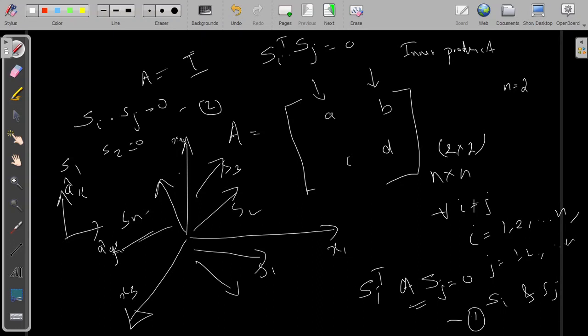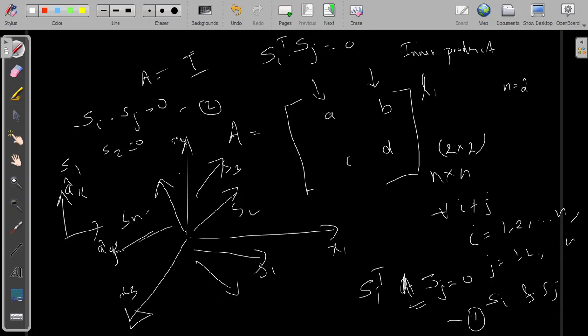In the same manner, the conjugate direction is defined as this si transpose, that is, the inner product along with the matrix A. This matrix A has n columns, or n vectors, and these vectors are linearly independent.